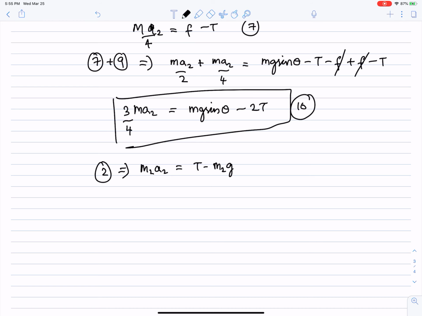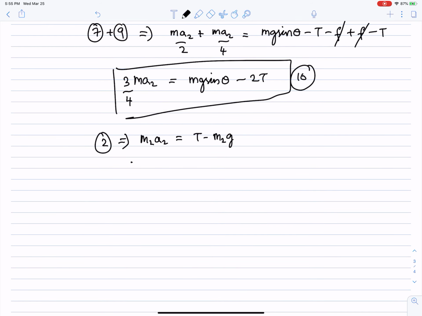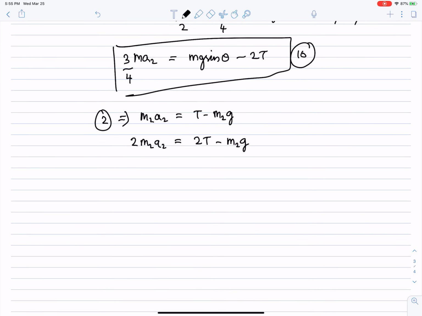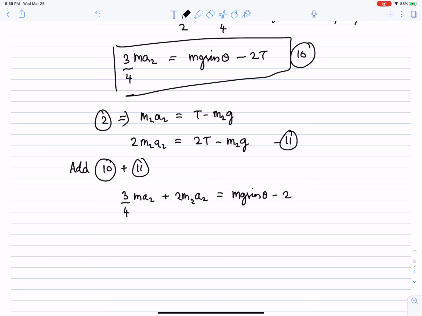So let's multiply equation 2 by 2. So we have 2m2a2 equals 2t minus 2m2g. And now we can add with 10. You can call this 11 if you want. So we just have 10 plus 11. We have 3 over 4 ma2 plus 2m2a2 equals mg sine theta minus 2t plus 2t minus 2m2g.